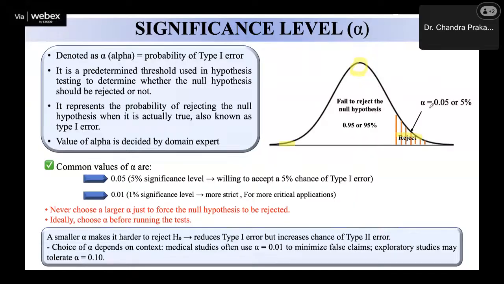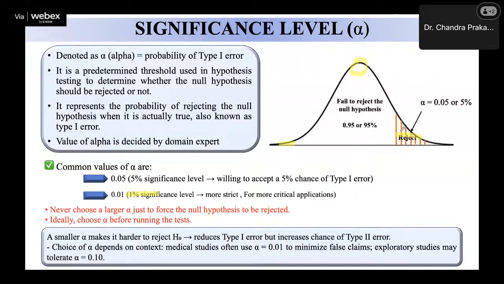But there are certain critical applications for which we need a lower value, for example, a 1% significance level. We never choose a large alpha just to force the null hypothesis to be rejected. Ideally, we choose alpha before running the test.